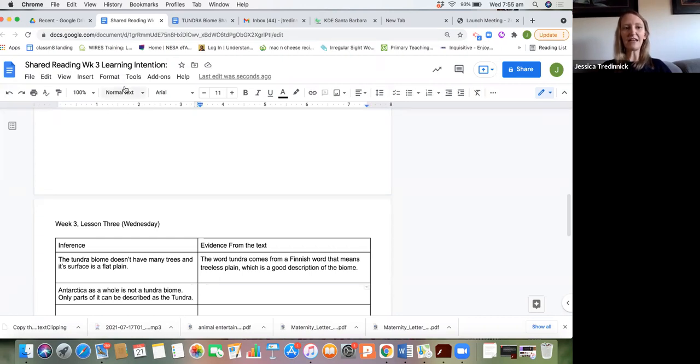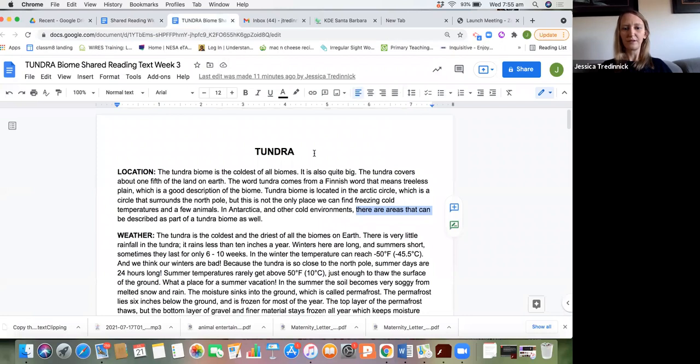My evidence for that says in Antarctica and other cold environments, there are areas that can be described as part of the tundra biome as well. So that tells me that not all of Antarctica, it's only parts of Antarctica are in it. So this is my evidence.